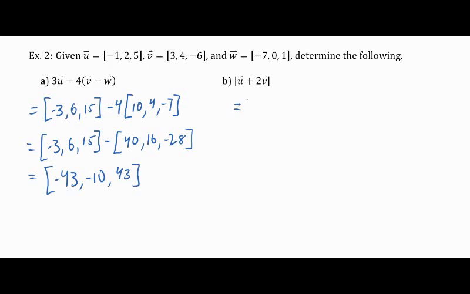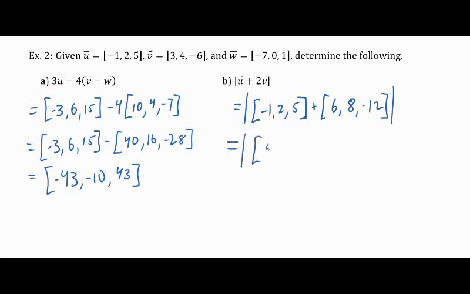This one's almost the same, but we're going to take the magnitude at the end. So u plus 2v is u plus 2v, so that's 6, 8, negative 12. Multiplying each of those components by 2, add those together. 5, 10, negative 7.